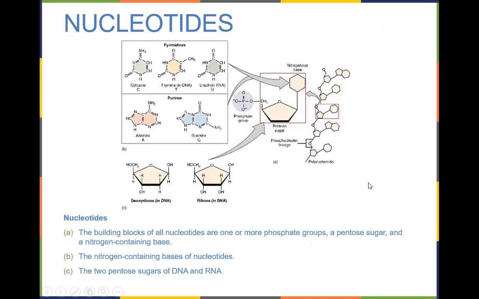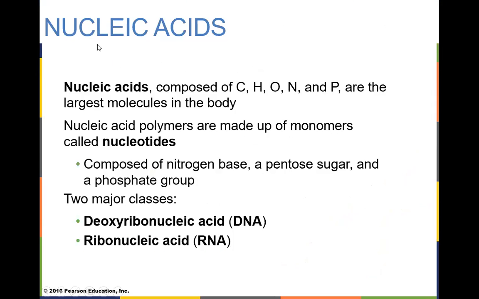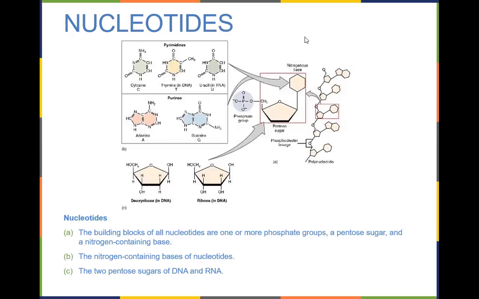Okay, so here's a nucleotide, and it's a nicer drawing, but I think it's a little more confusing than what mine was. I tried not to make mine too confusing, but you can see here in the structure, you've got the pentose sugar, the 5-carbon sugar right here.